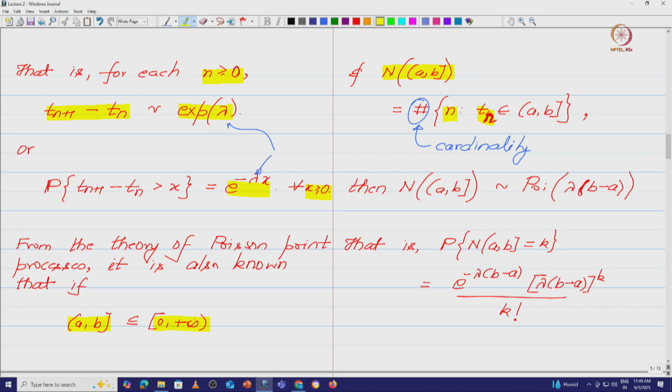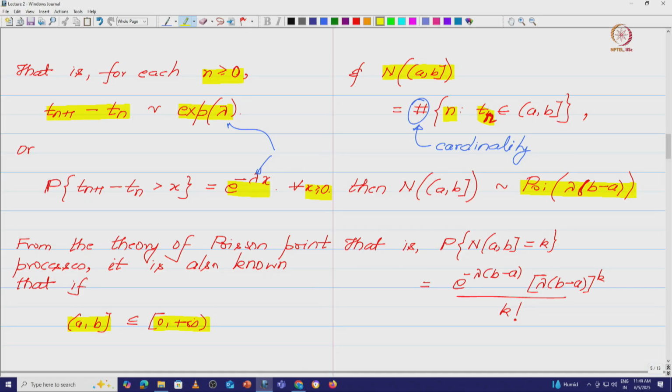So if you let N(a, b) be the number of time instances that lie in (a, b], one can check that N(a, b) is actually a Poisson random variable with parameter lambda times (b minus a).